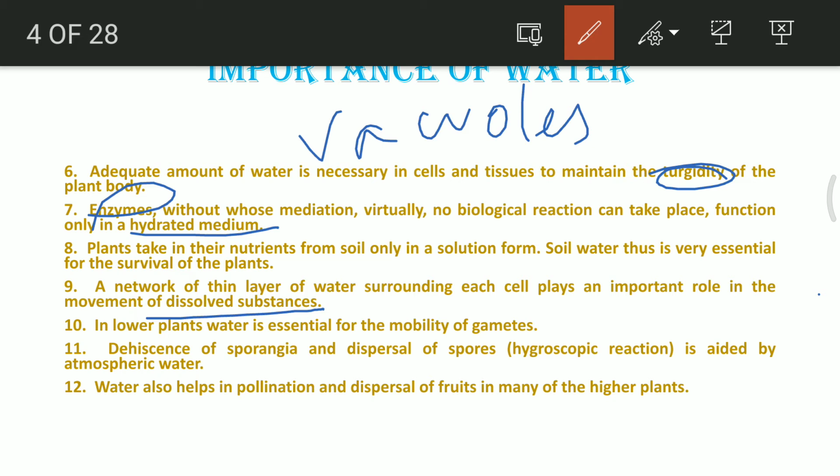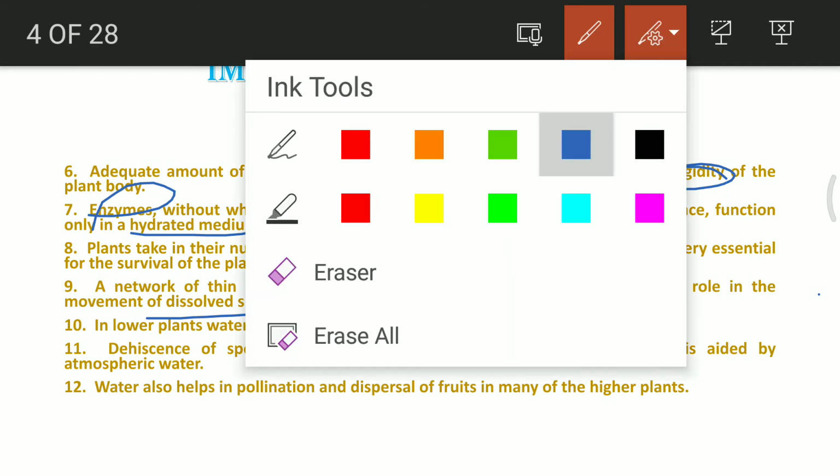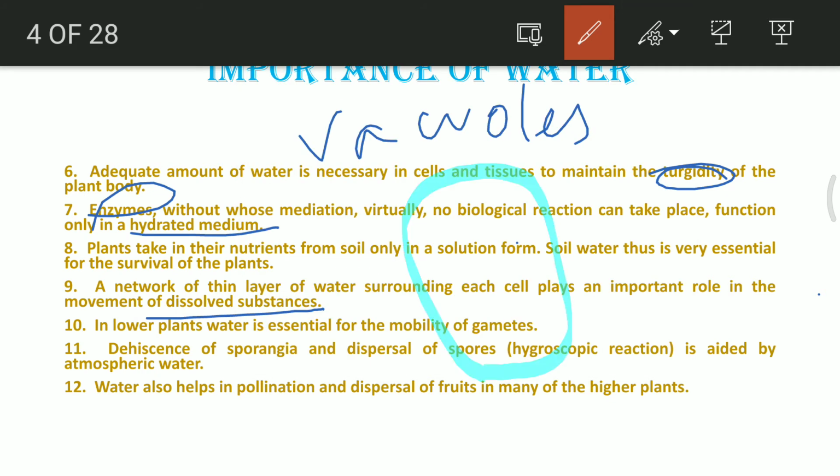If you remember the structure of fungal spores, when water used to fall on the sporangium, it used to cause the dehiscence of the sporangia. This used to be the structure of sporangium.